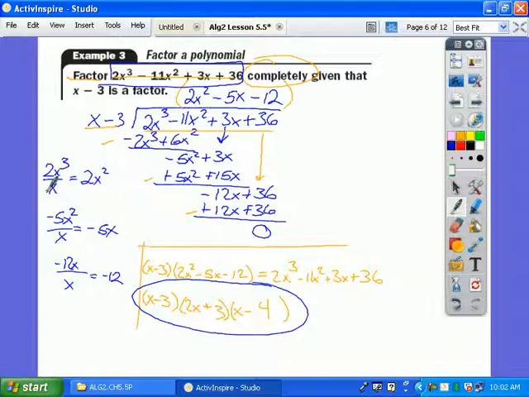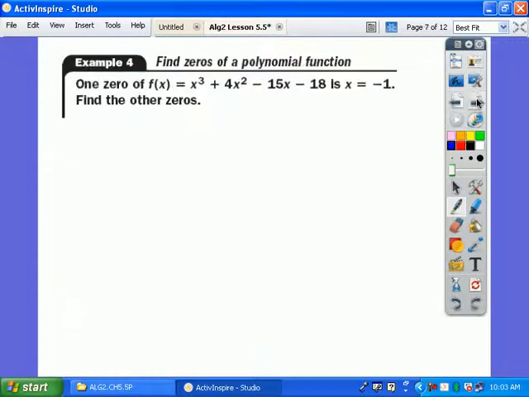We might have to use the quadratic formula instead of factoring. In fact, you probably will have to use the quadratic formula at some point. And then the last step is if we were solving this, we would have this set equal to 0, and we would set each piece equal to 0. So x equals 3, if we were solving, which will be the next problem, x equals 4, and so forth. Okay? So let's take a look at that idea.